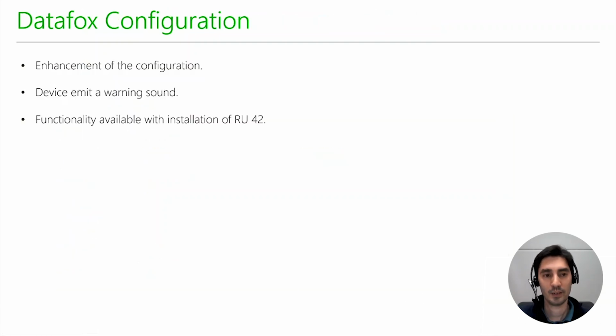Moving on, we have the DataFox configuration. The configuration of DataFox was enhanced. The only change now is that this device will emit a warning sound whenever an entry is wrong. If an error occurs, let's say an employee, for example, clocks in twice by mistake, then it will throw an error.